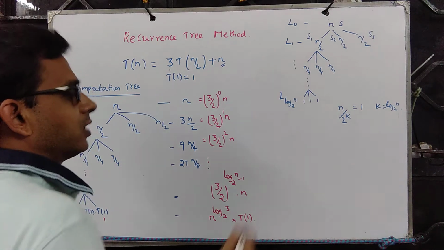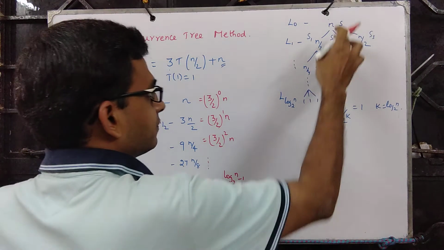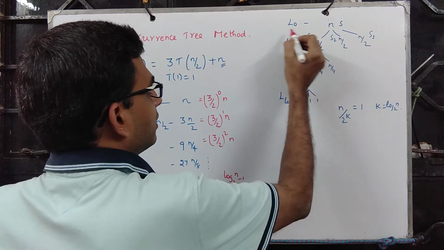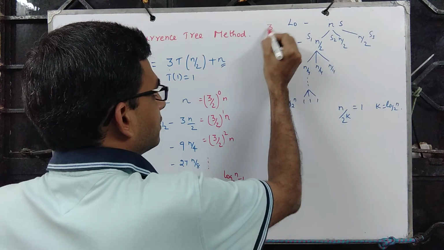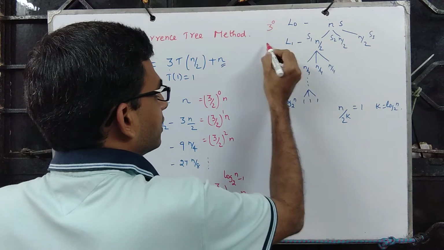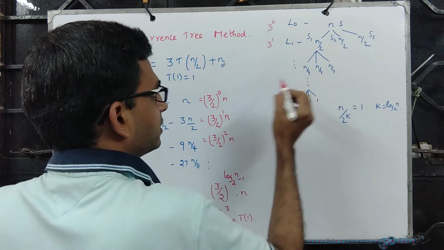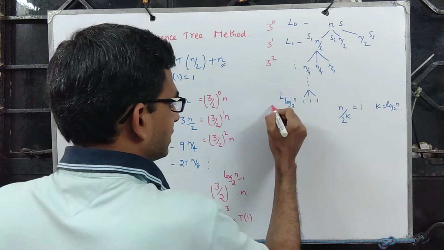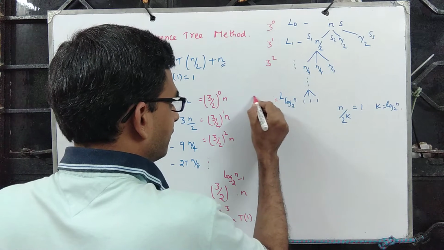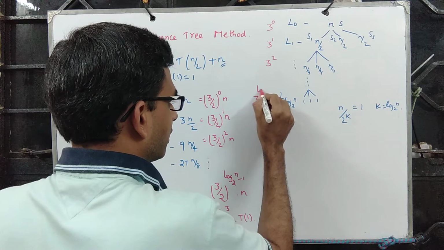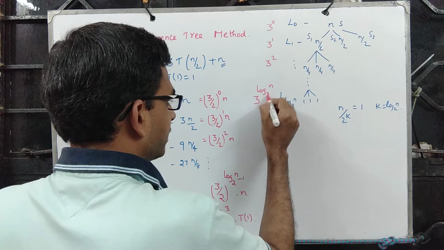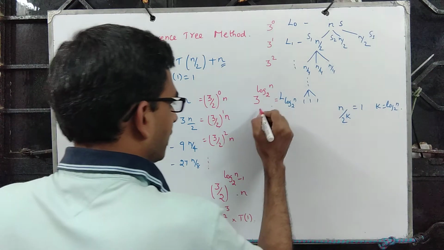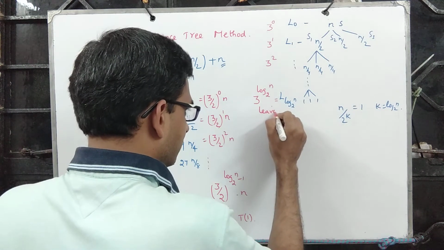Correct? You can also see this from this one. There are 3 power 0 nodes, there are 3 power 1 nodes, then 3 square, which means at this level we will have 3 power log n base 2 nodes, or this many leaves.